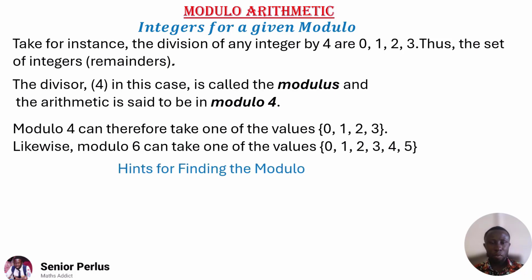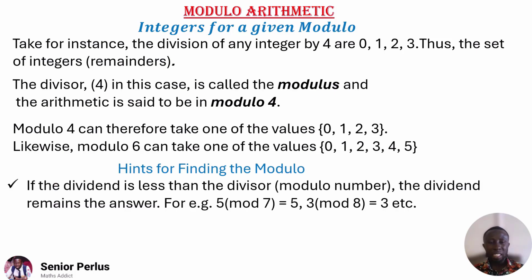For finding a modulo, if the dividend is less than the divisor, the dividend remains the answer. For instance, 5 mod 7 is 5, 3 mod 8 is 3.